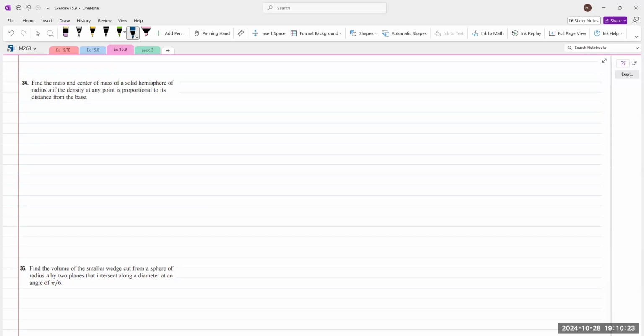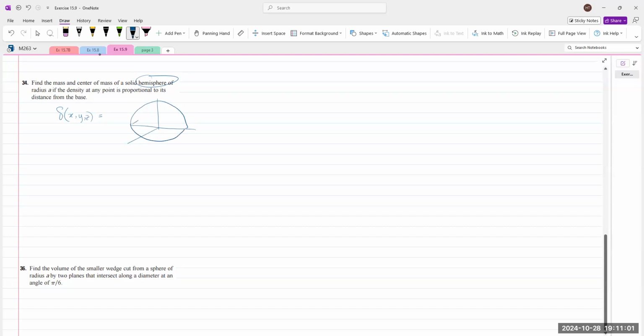If the density, let me use delta for density, is proportional to the distance from the base. Which base? Oh, sorry. Solid hemisphere. So it is a hemisphere.